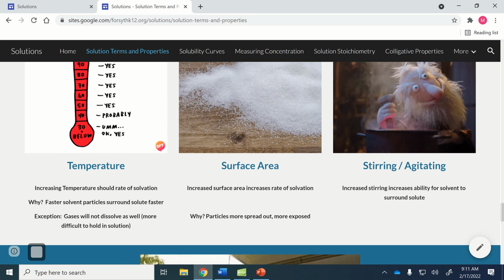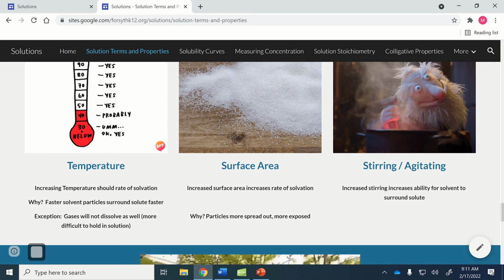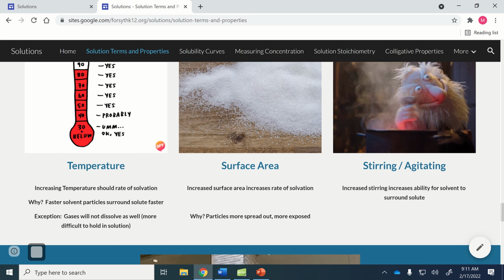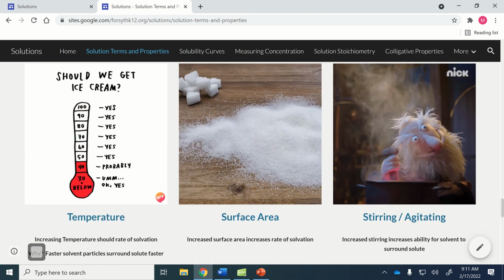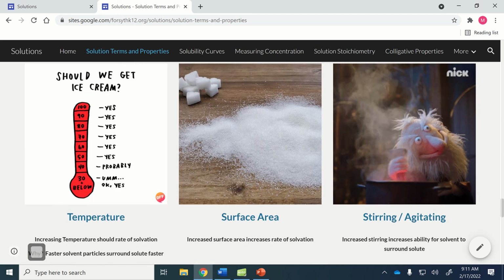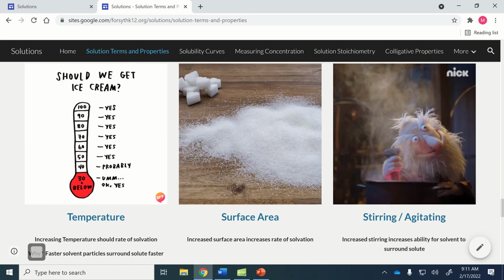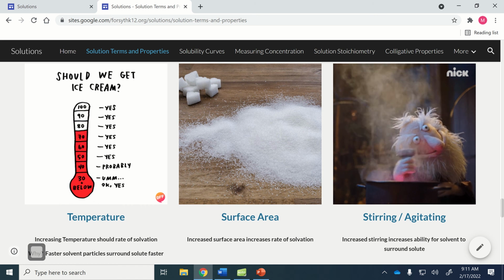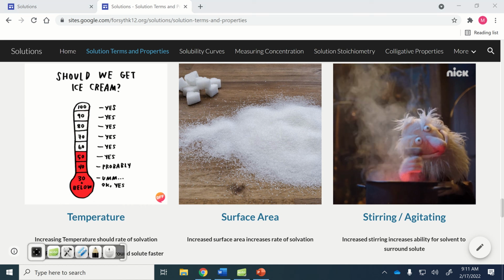Surface area. If you increase surface area, you'll increase the rate of solvation. The idea of surface area is there's more exposed. You can see I have sugar cubes and then crushed sugar up here.